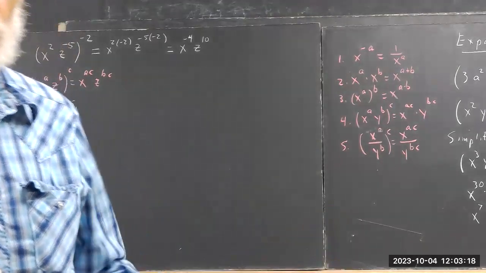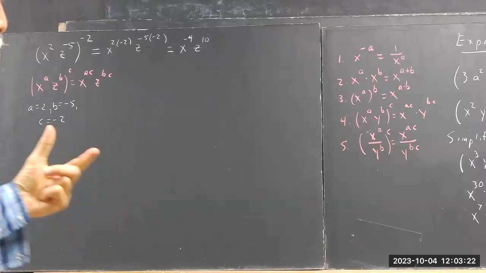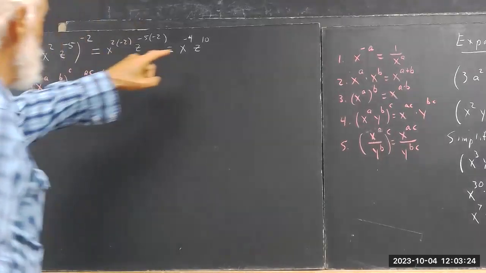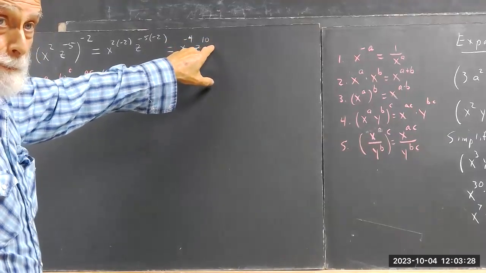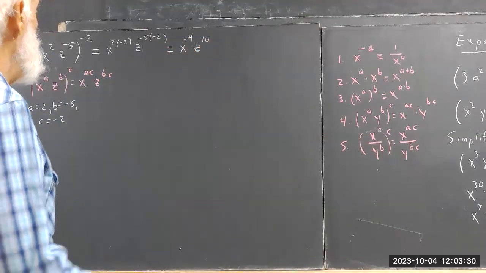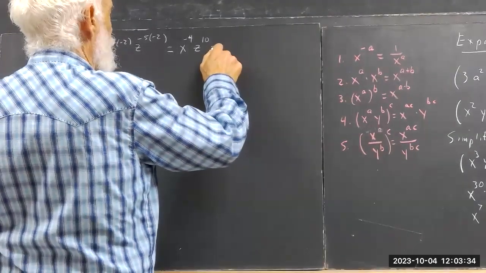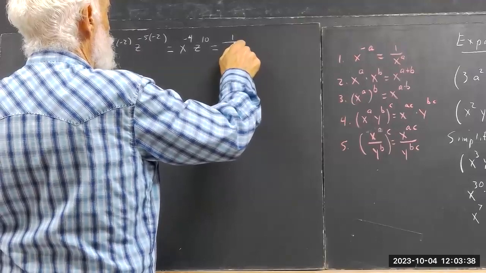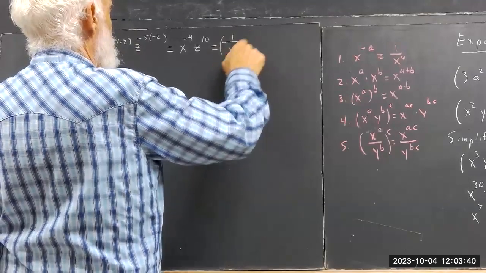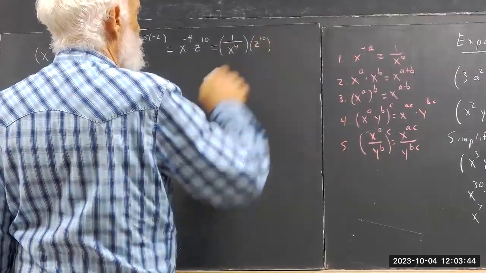And that's what you got if you did the multiplications correctly, okay? So whether you did or not, 2 times -2 is -4. -5 times -2 is a +10. Now there's another way to write this. This would be 1 over x to the 4th multiplied by z to the 10th.